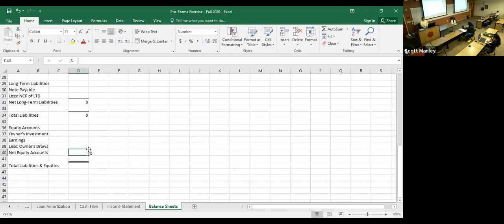My net equity accounts is going to equal my owner's investment plus my earnings less my draws. And my total liabilities and equities is going to equal my total liabilities plus my net equities. That's just formulas, y'all.